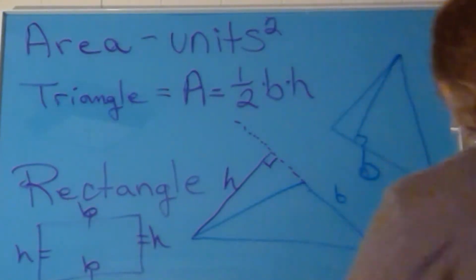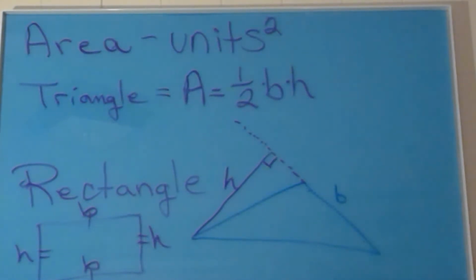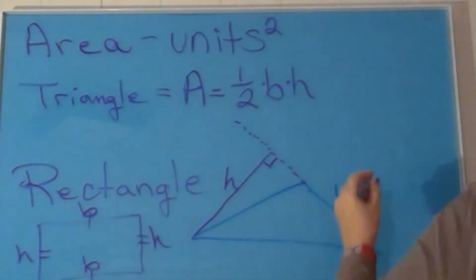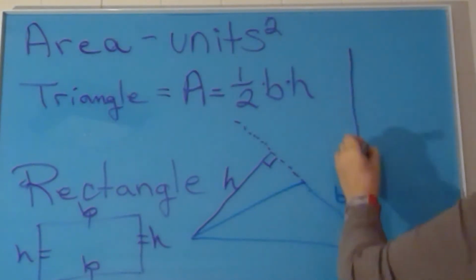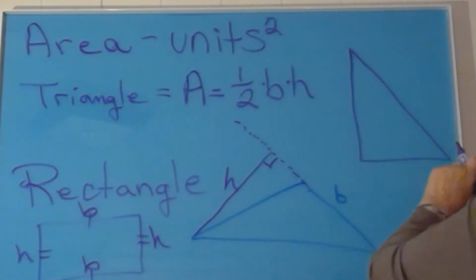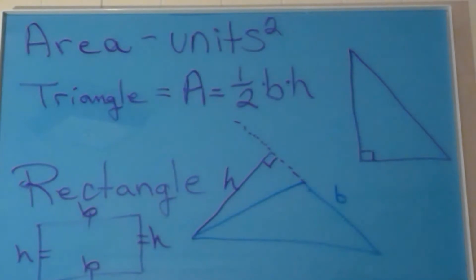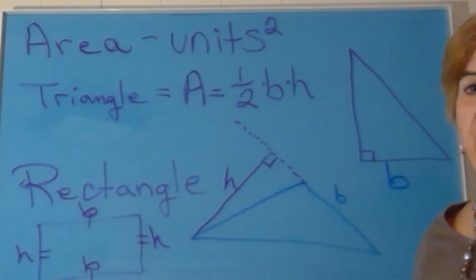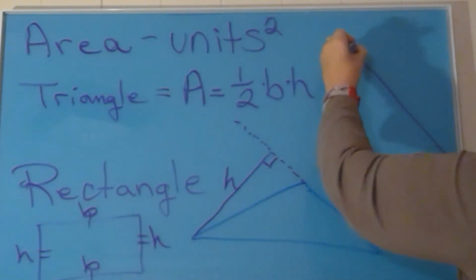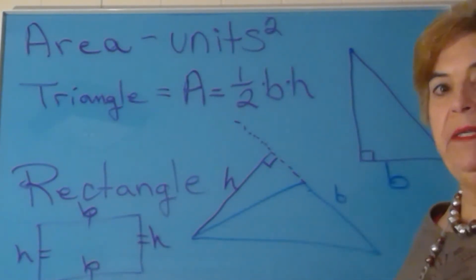Another special situation that we sometimes have with triangles is, what if we have a right triangle? If this is a right triangle and that is a right angle, then I know if this is going to be my base, the height has to be drawn from this vertex and it has to be perpendicular to the base.